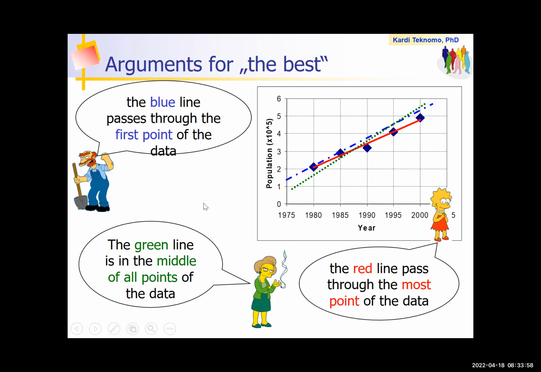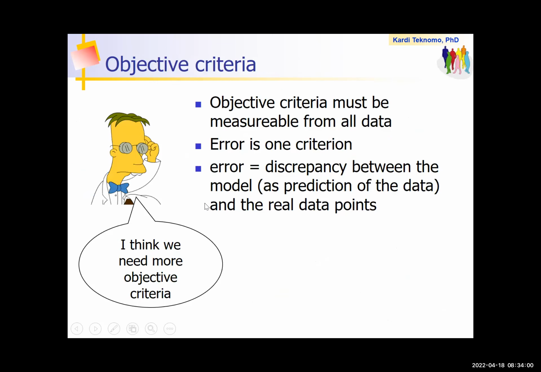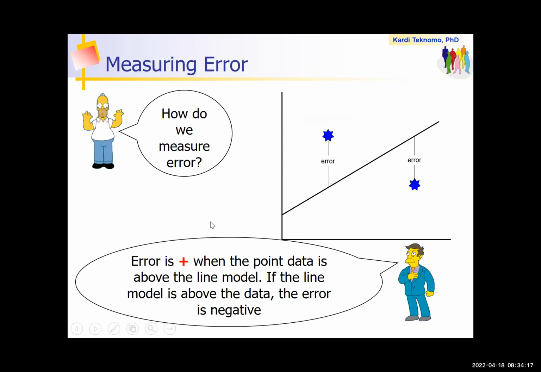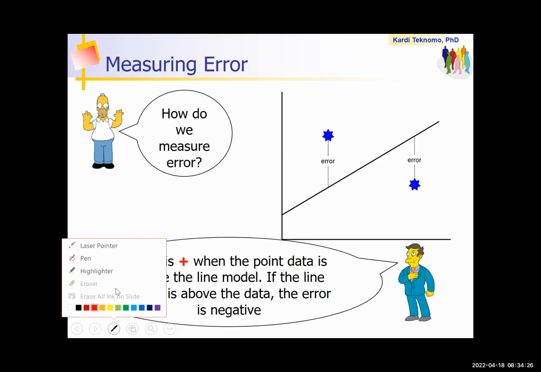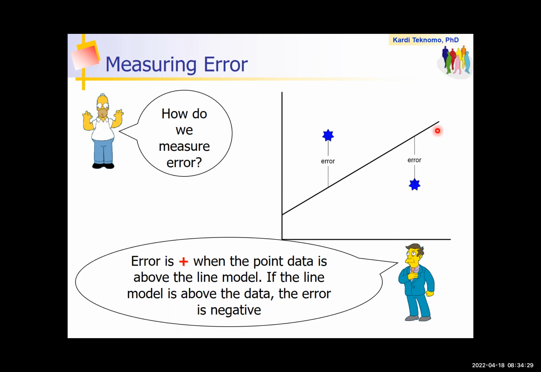The common objective criterion of what is best is based on error. Error in this case is the discrepancy between the model, which is the prediction, and the real data point. Suppose we have the model already. This is the line that we have as the model, and this is the data point, this star.